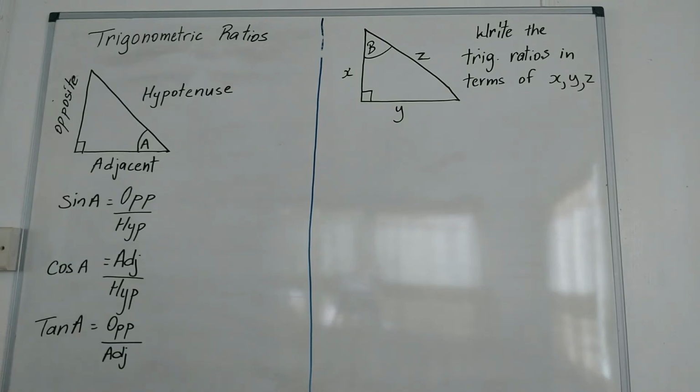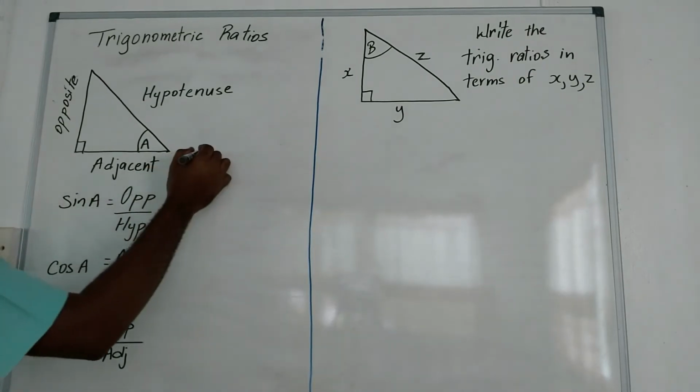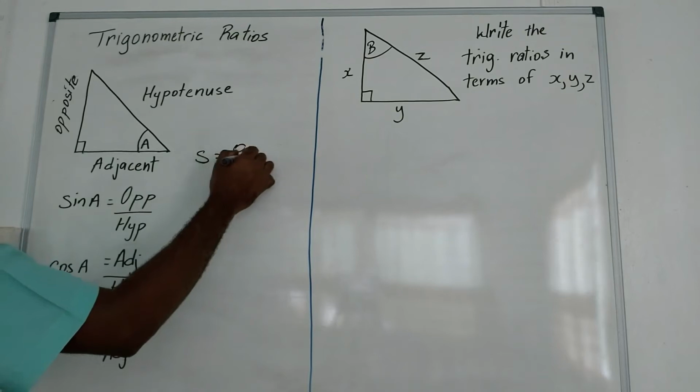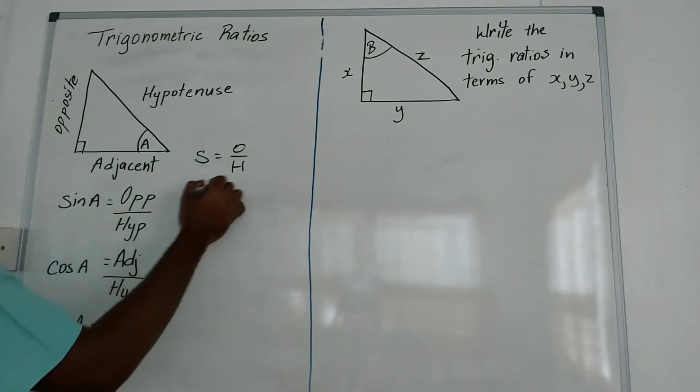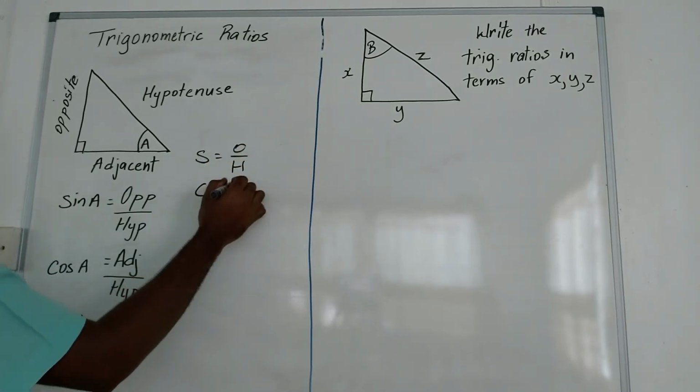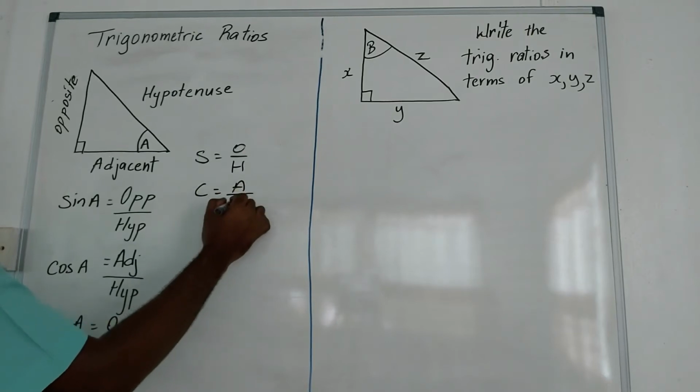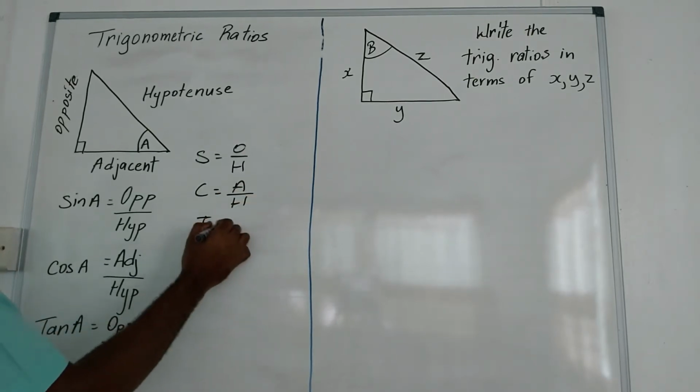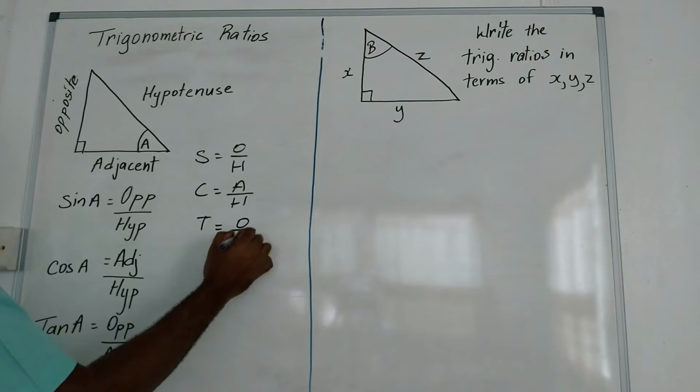Right? Now, there are various ways persons will remember these ratios. Sine is equal to opposite over hypotenuse. Cos is equal to adjacent over hypotenuse. Tan is equal to opposite over adjacent.